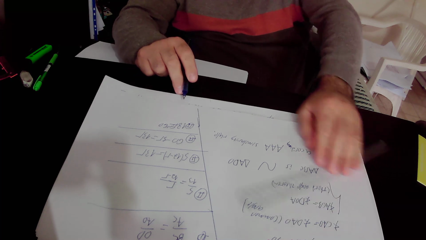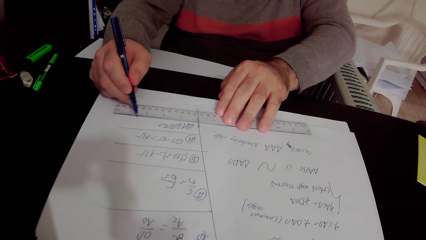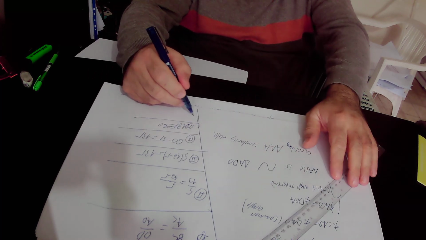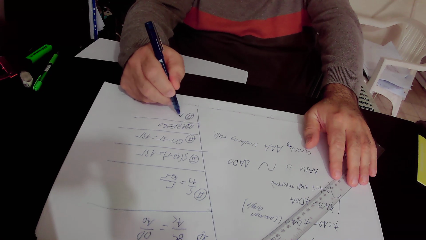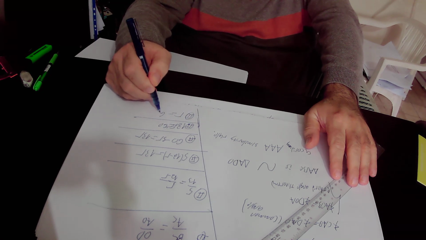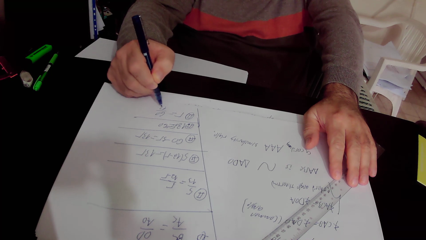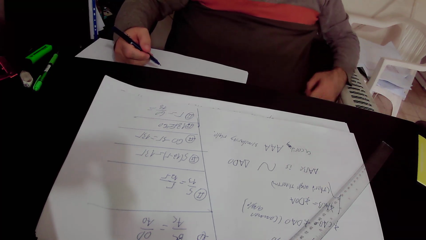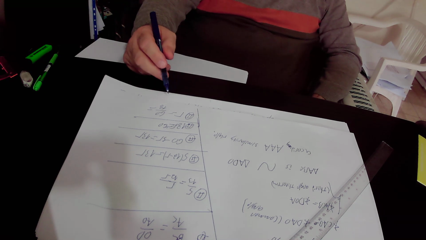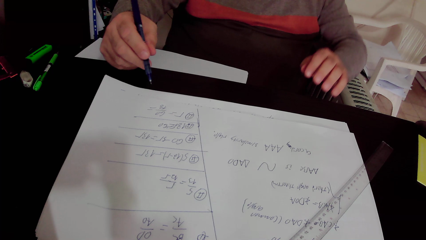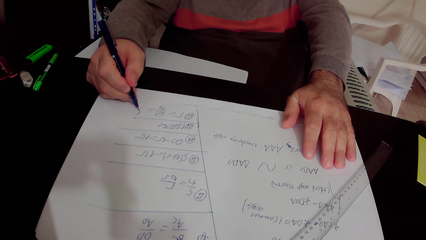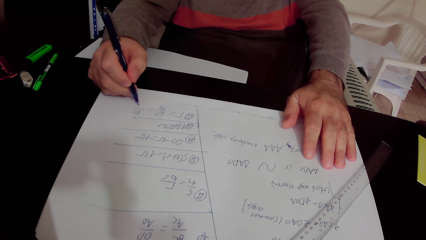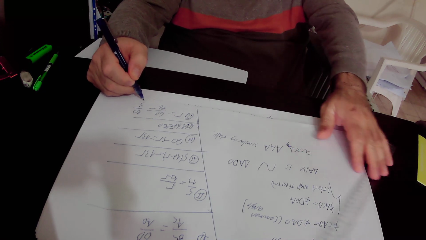We will divide this equation by 18 and we will get that the radius of the semicircle equals 60 over 18. Here we will divide both the numerator and the denominator of this number by 6. 60 over 6 is 10 and 18 over 6 is 3.